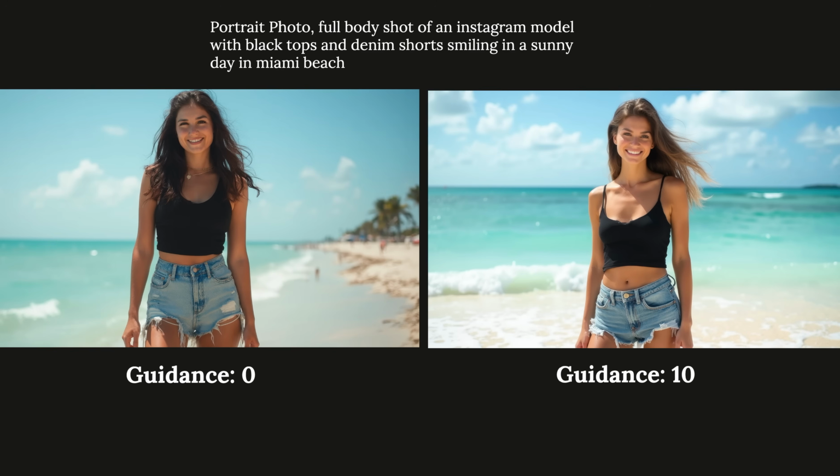In the image with guidance setting 0, we also have sun. Maybe it's not that prominent in the image, but the cool thing is this image looks quite realistic. The model looks like someone you can see on the street. From my perspective, skin looks more realistic and we can spot imperfections, which makes this image more photorealistic.